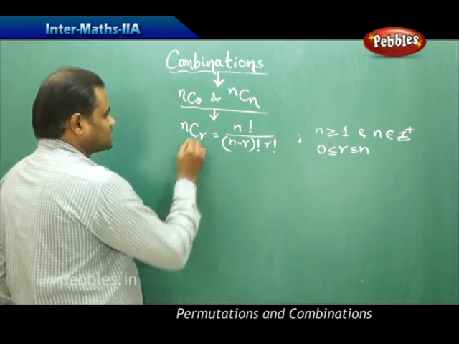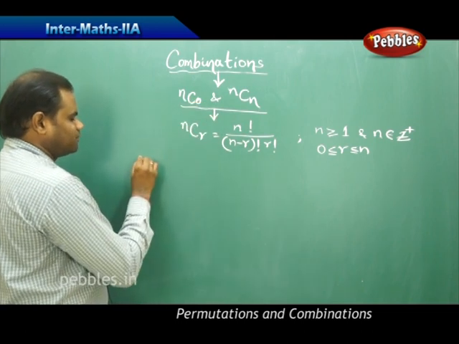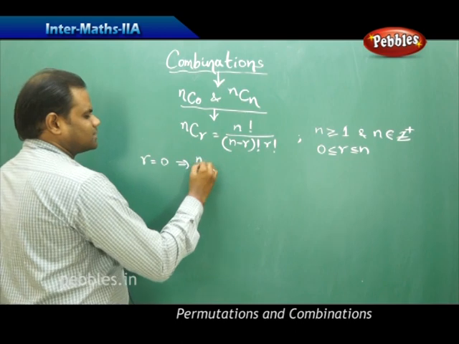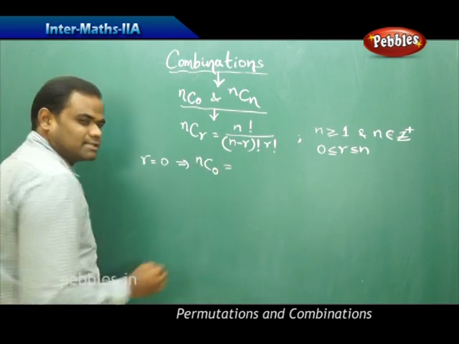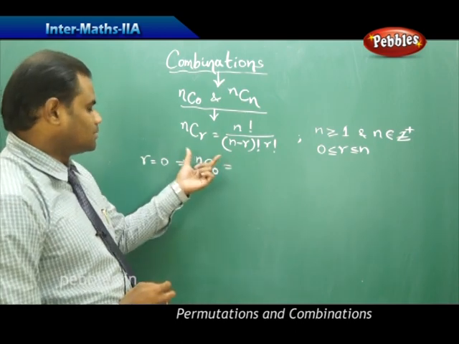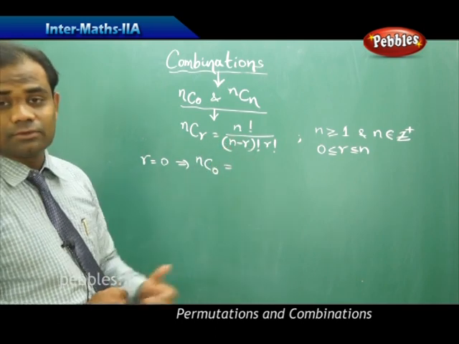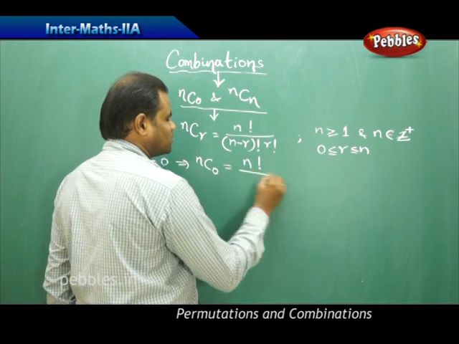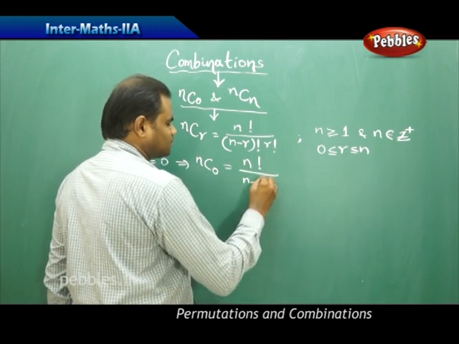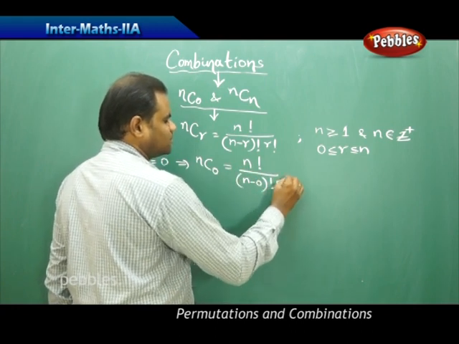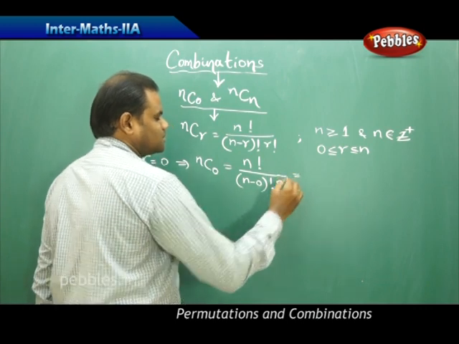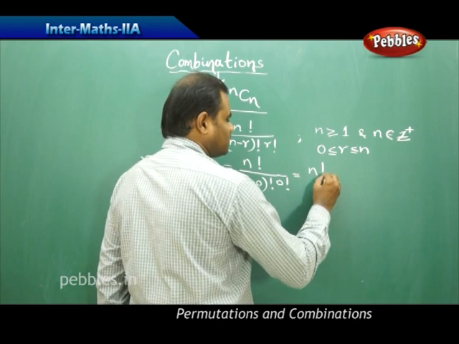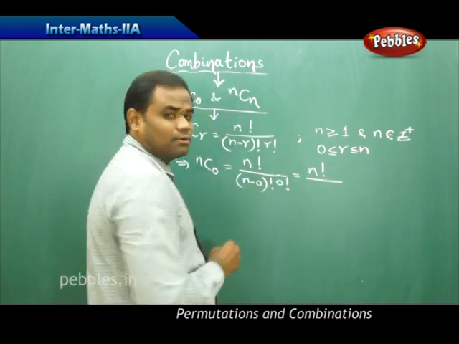Now in this case, when I want to find NC0, I fix r equal to 0, then that implies I get NC0, and let's see what this reduces to when I substitute r equal to 0 here. So I get n factorial by (n minus 0) factorial times 0 factorial, which on further simplification gives n factorial by n factorial times 0 factorial, since n minus 0 is n.